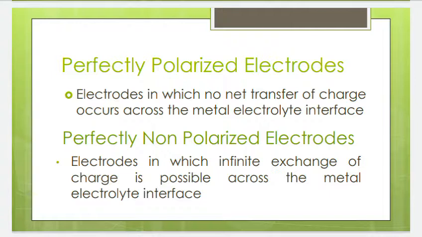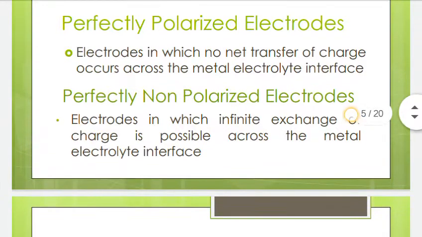If no net transfer of charge occurs across the metal electrolyte interface, that is, if there is no transfer of charge between the electrode and the electrolyte interface, then it is called a perfectly polarized electrode. And if there is an infinite exchange of charge, it is a perfectly non-polarized electrode.